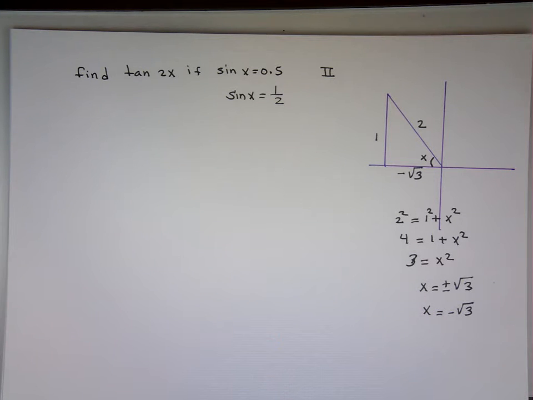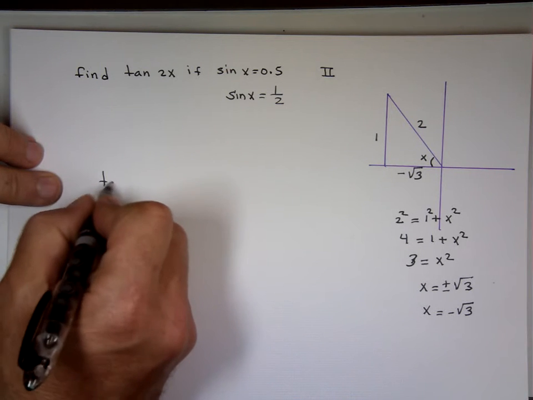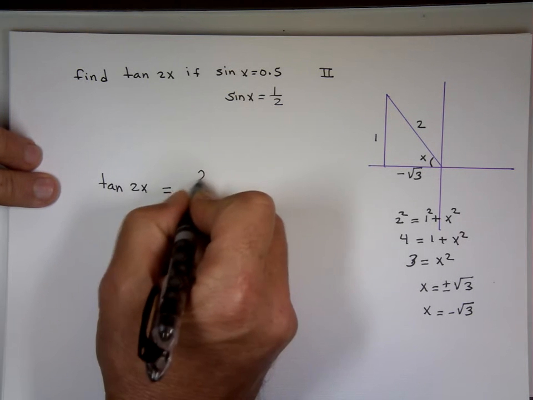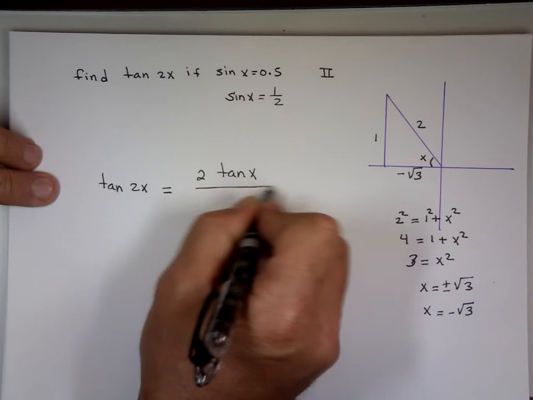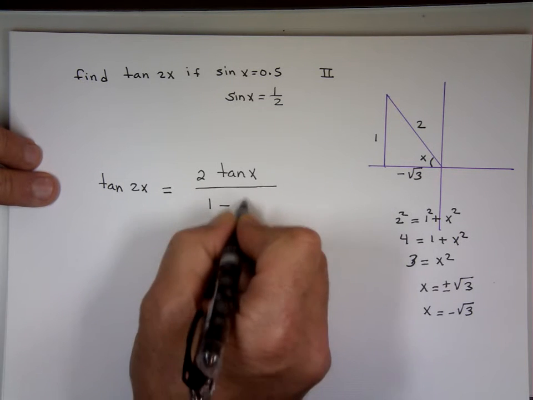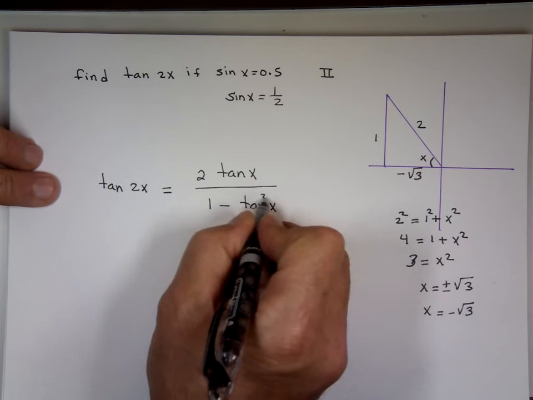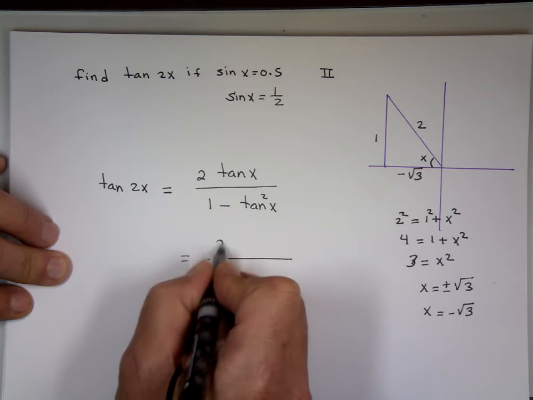So what are we looking for? The tangent of 2x. Tangent 2x equals 2 times tangent x over what? 1 minus tangent x squared. What's tangent x?